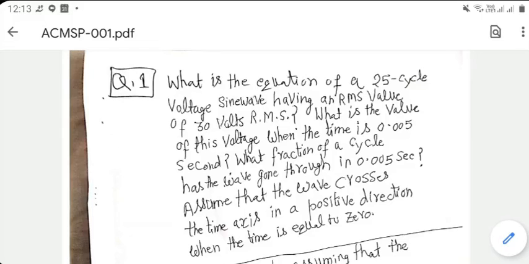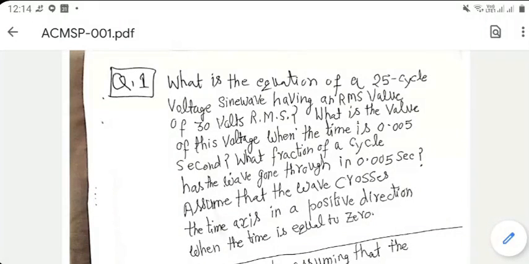What fraction of a cycle has the wave gone through in 0.005 second? Assume that the wave crosses the time axis in a positive direction when the time is equal to 0. So your objective is to create the equation that describes this particular voltage signal in time domain.